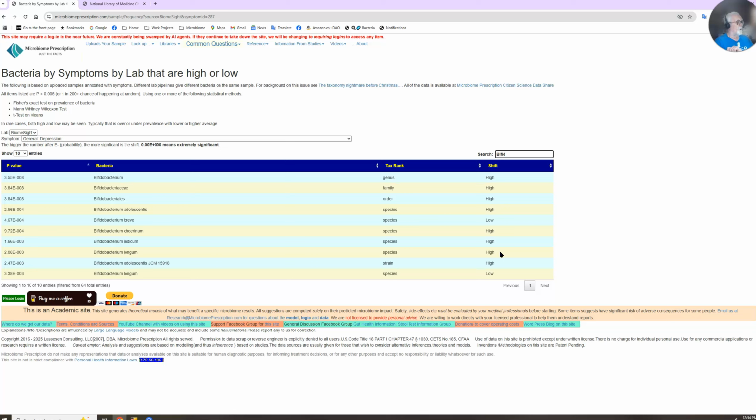Also notice that only Bifidobacterium is one of those which there's only 9 there. We have longum, we have adolescentis, etc. We have breve, which is also low. So we have some overlap, but the breve only is low.